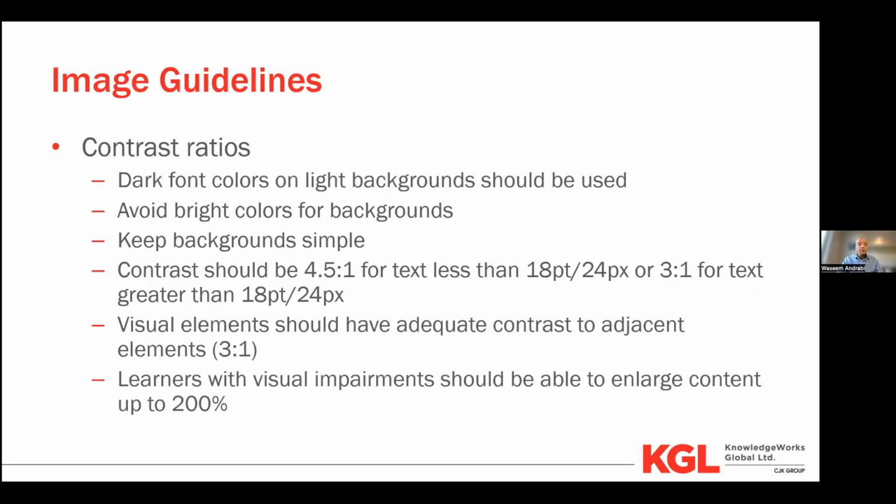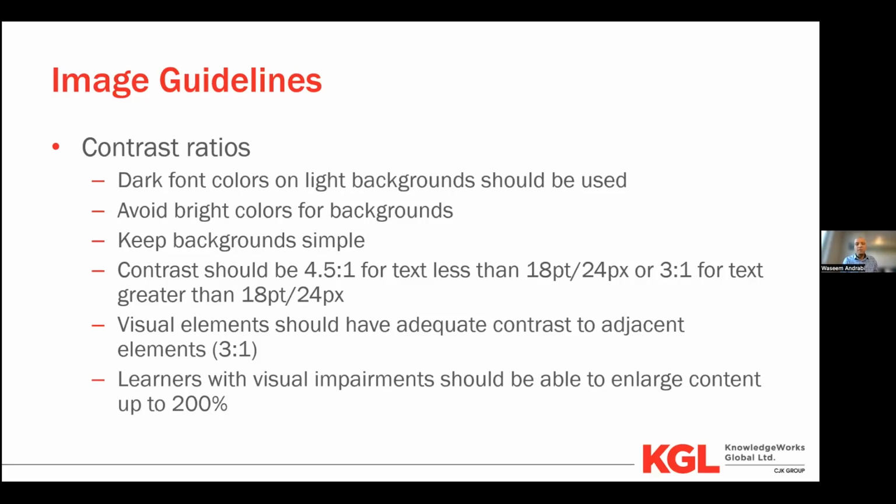The other important thing to talk about is contrast ratios, right? To make sure that users that are colorblind are able to differentiate between backgrounds and the images that are drawn on those backgrounds. The contrast is really a measure of luminance, or the brightness between the two colors, and is expressed as a ratio from, let's say, 1:1, which is white text on a white background, to 21:1, which is black text on a white background.